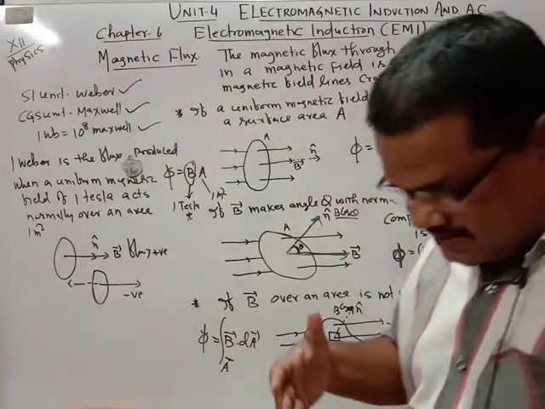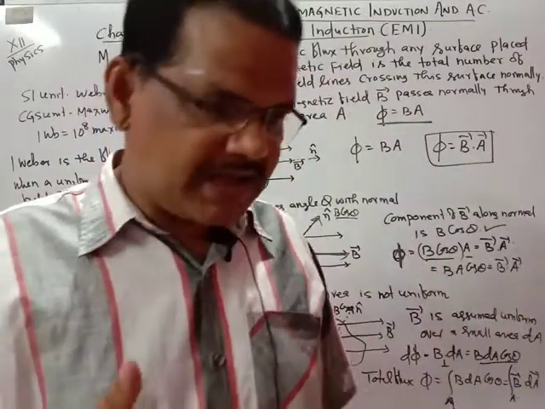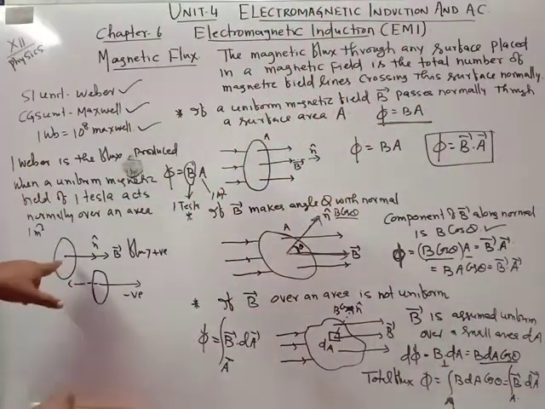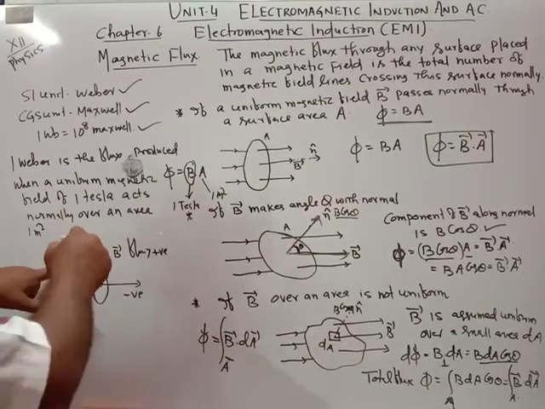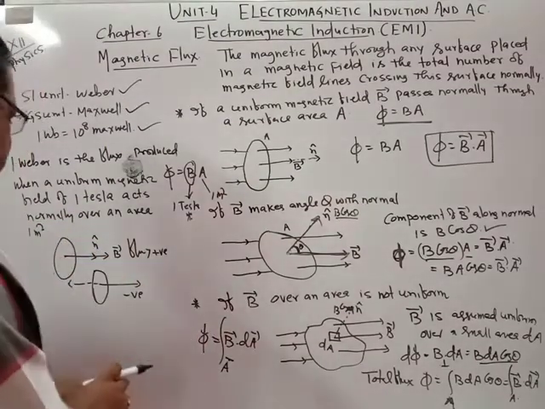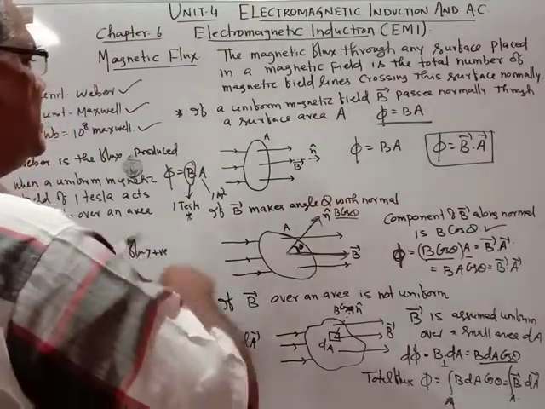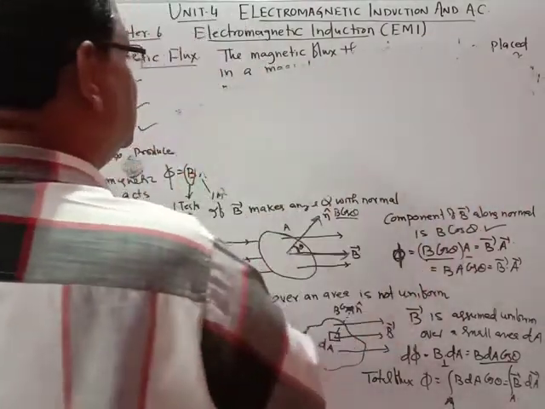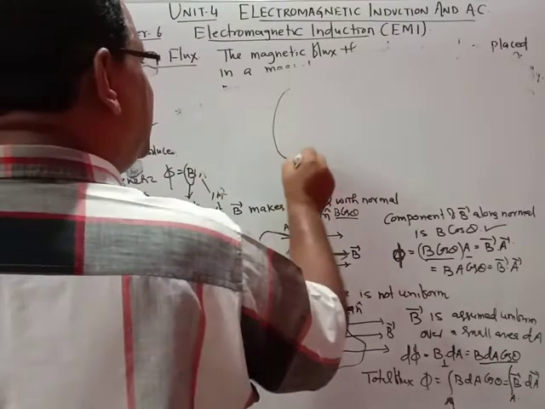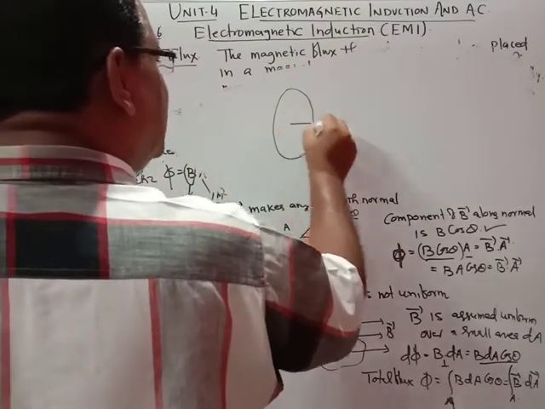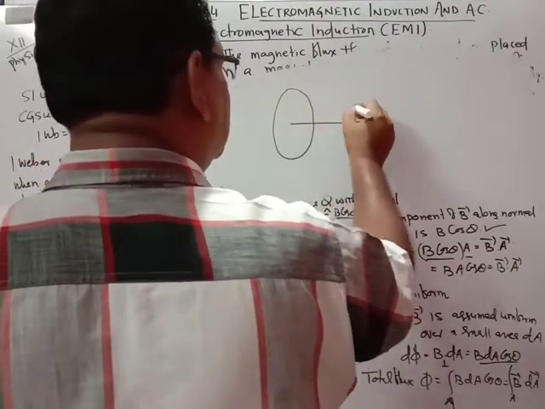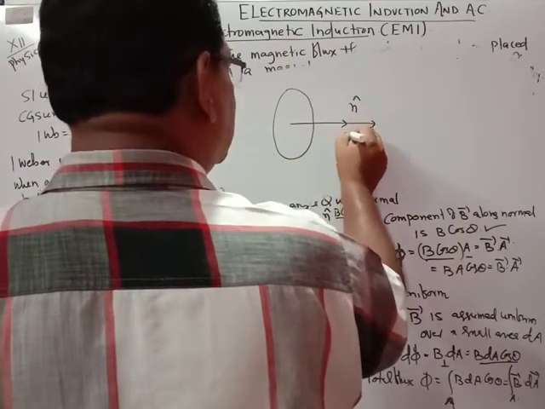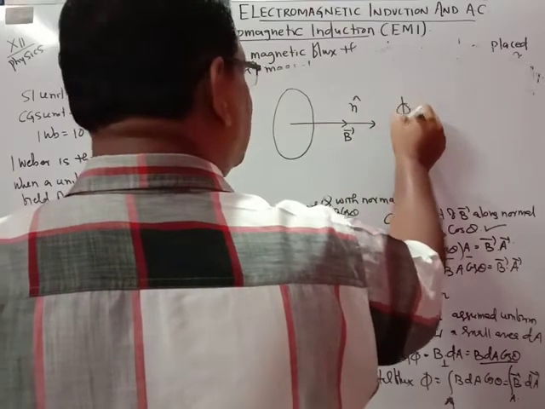And in another sense also, in what cases can the magnetic flux be considered positive and negative? How can you decide it? Suppose this is the area vector, along this direction, that is the normal to the area, and the B vector, both in the same direction, then phi is positive.